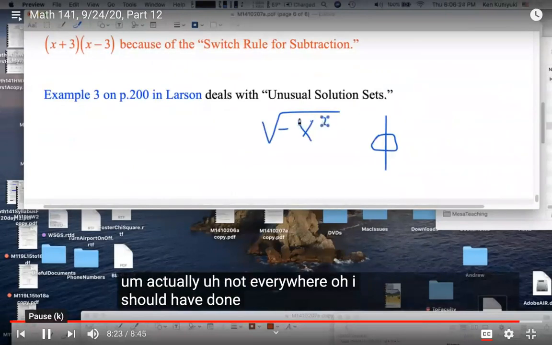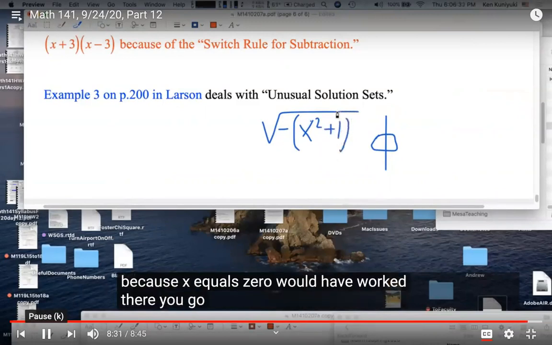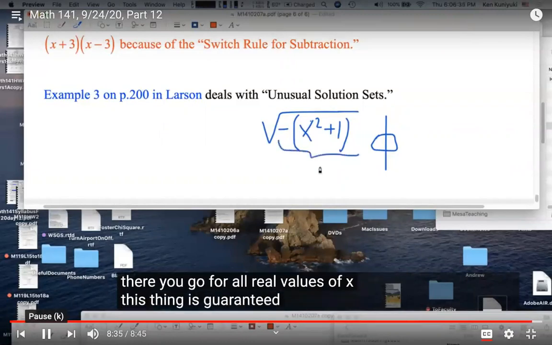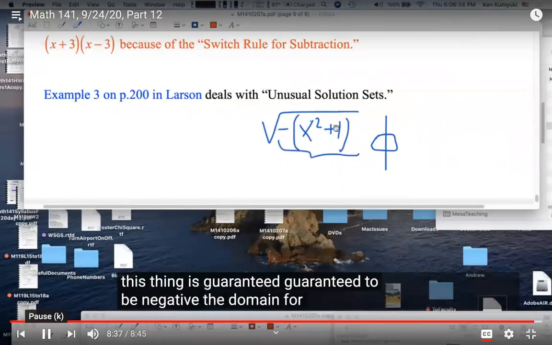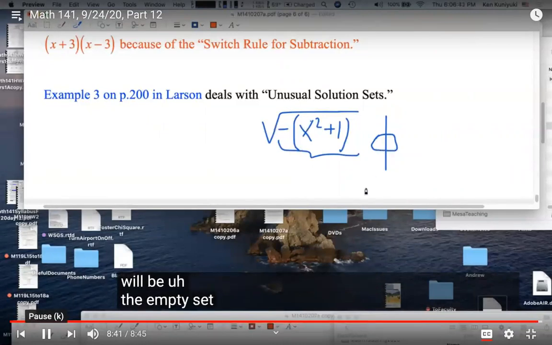Oh, I should have done this, because x equals 0 would have worked. There you go. For all real values of x, this thing is guaranteed to be negative. The domain for this thing will be the empty set. All right. That's chapter 2.